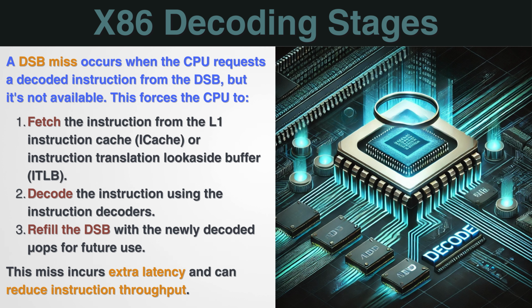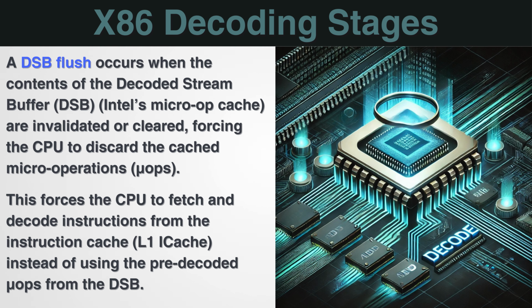Now, the DSB improves performance, but certain factors can cause performance impacts when it's used. There are DSB misses. That's if the CPU expects micro-ops in the DSB, but they're not there. It can cause a DSB miss, and then the CPU would have to fall back to regular decoding, introducing a stall. And you have DSB flushes, where microcode updates, context switches, or specific instructions might invalidate micro-op cache entries, requiring the decoder to restart the decoding process.